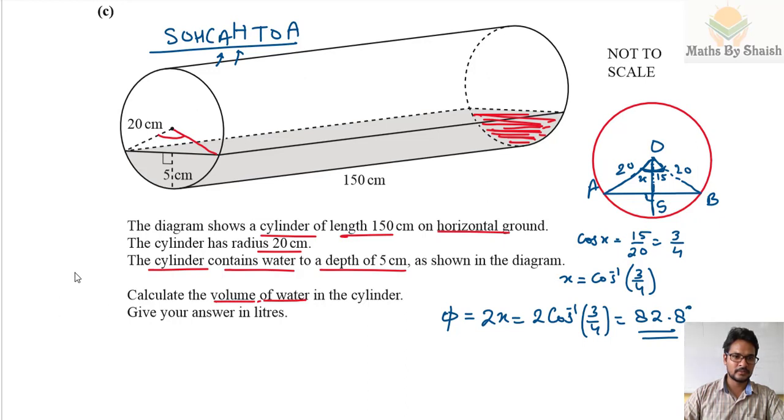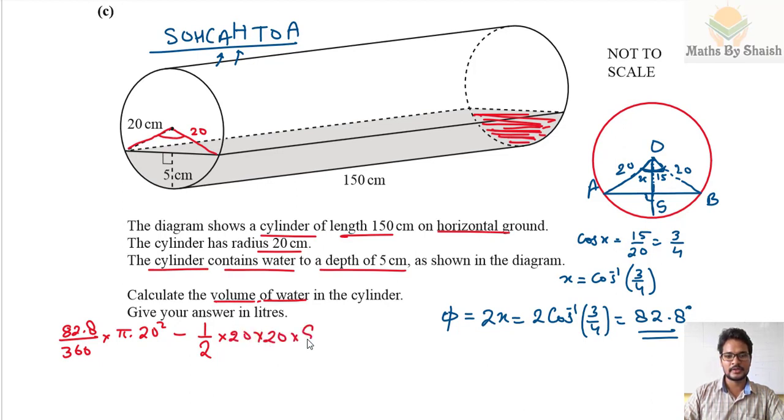Area of segment means area of cross section, and that is going to be the area of sector, 82.8 upon 360 into pi r squared, that is 20 squared, minus the area of the triangle. For the area of the triangle we are going to use the area sine rule: half into two adjacent sides, this is 20, this is 20, and the angle between them. So half into 20 into 20 times sine of the angle, that is 82.8, and then we can calculate this.